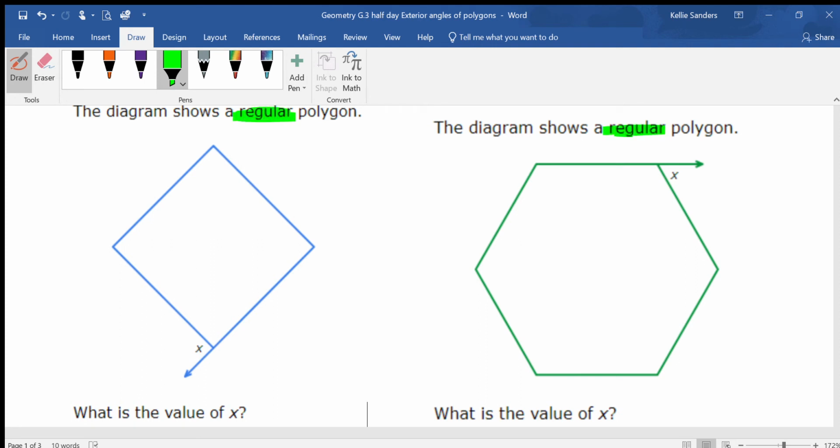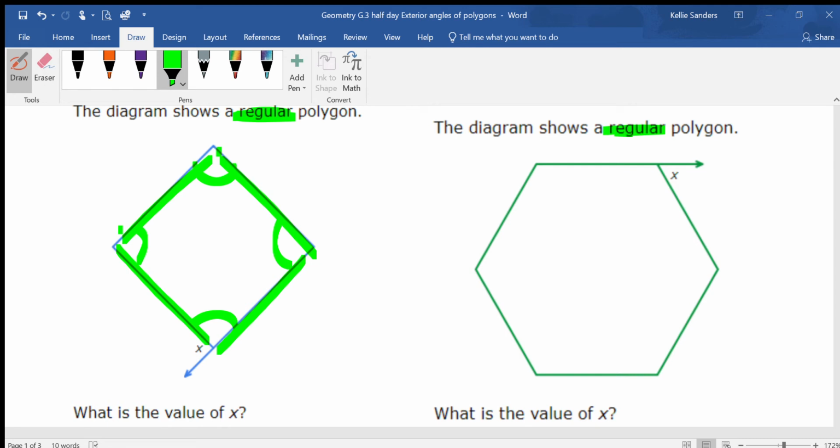If these sides are all the same, if these angles are all the same, it must be regular for you to be able to answer this question. And I might have an example of when you can't use it in just a little bit.